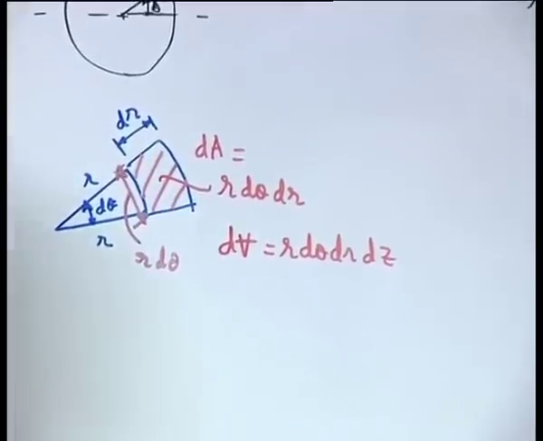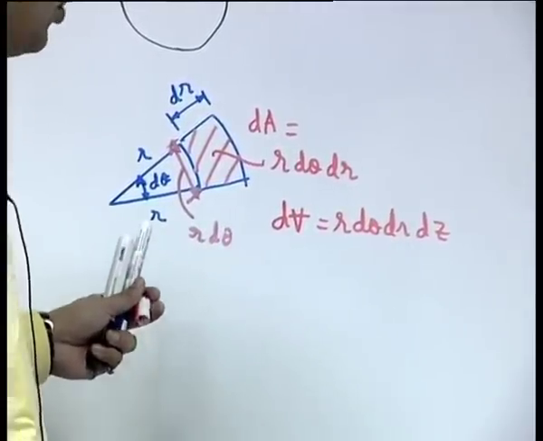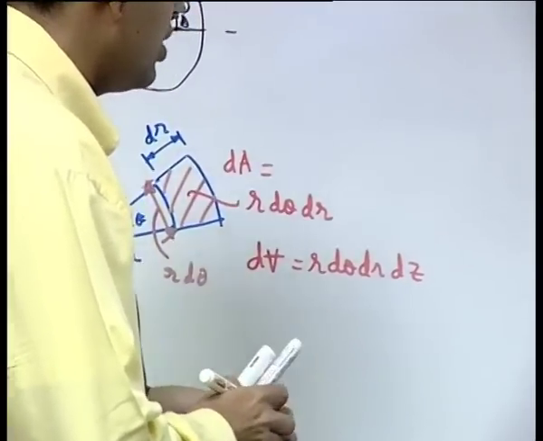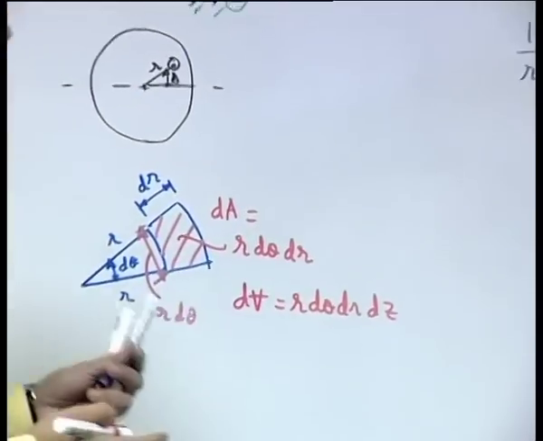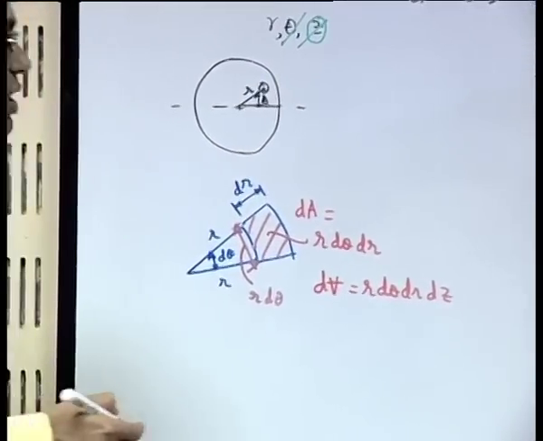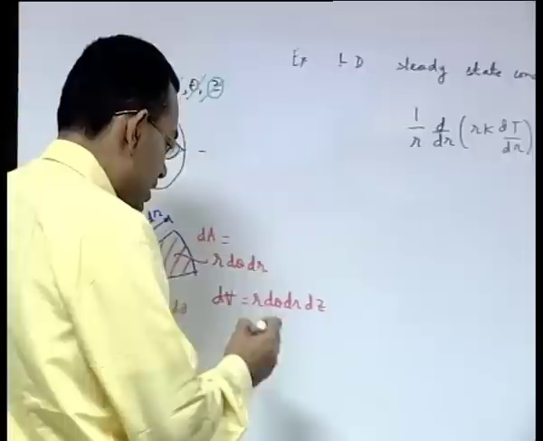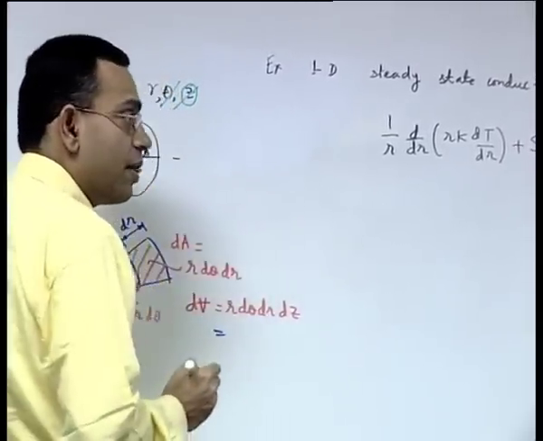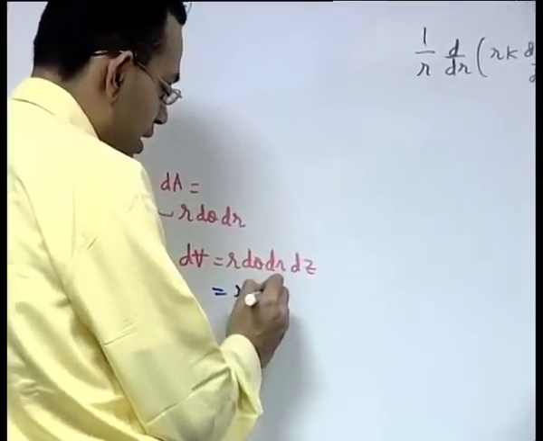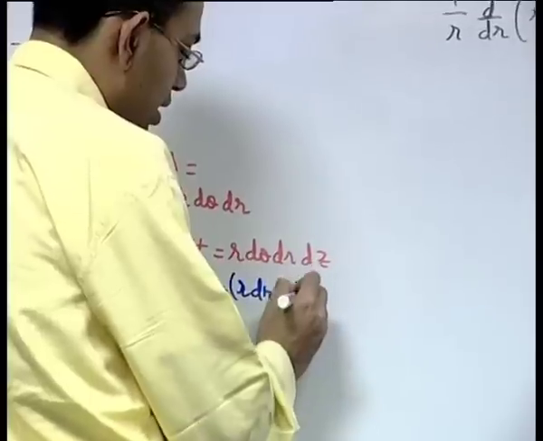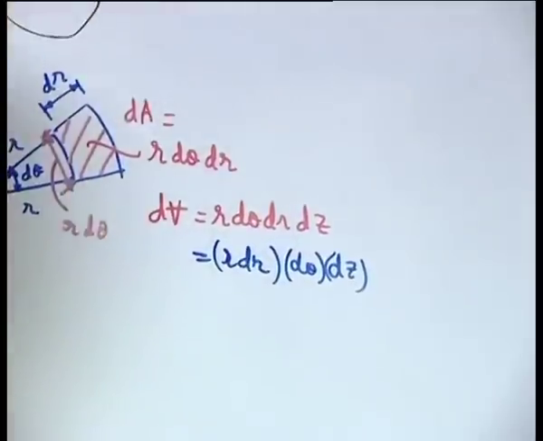Now in our case we do not have variations with respect to theta and z, but even if you consider that, it will remain inconsequential. So in our case, what is that which varies? If you consider this dV, it has 3 parts. One is r dr, which is due to variation in r, then d theta, then dz.